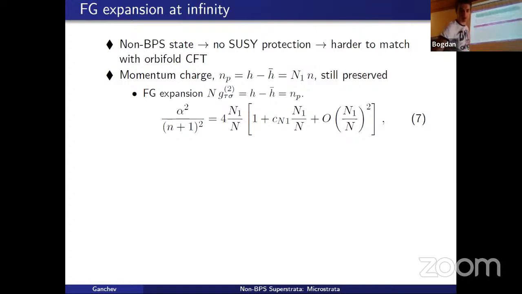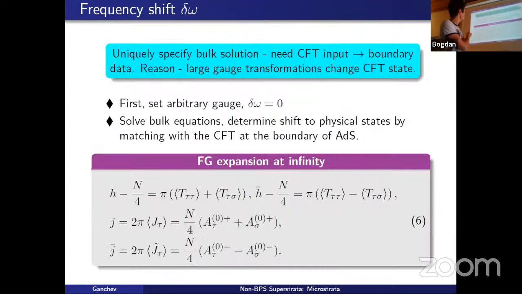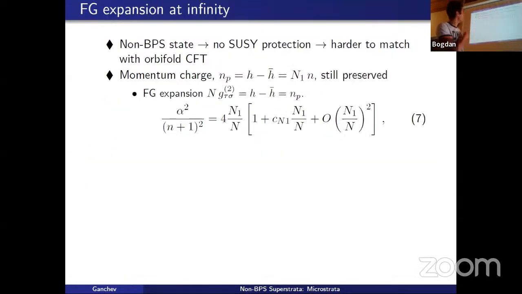If you go back to this, you can take the difference of H and H bar, and you see that from this holographic story it will be given by this expression, where this is just some coefficient of the g_tσ component in the expansion at infinity.